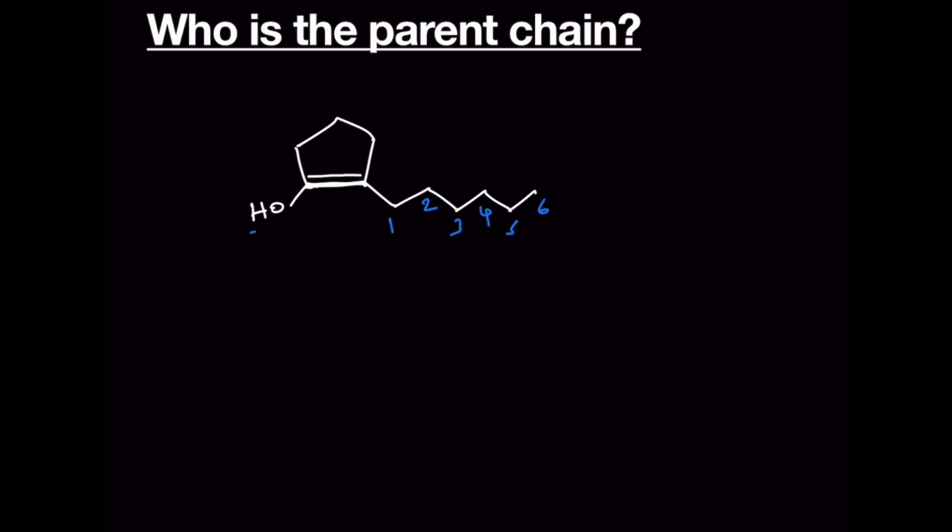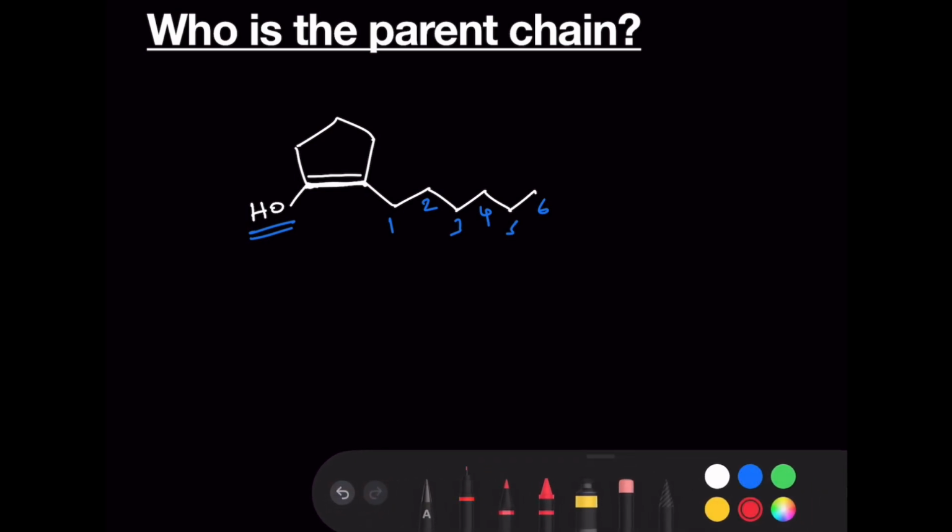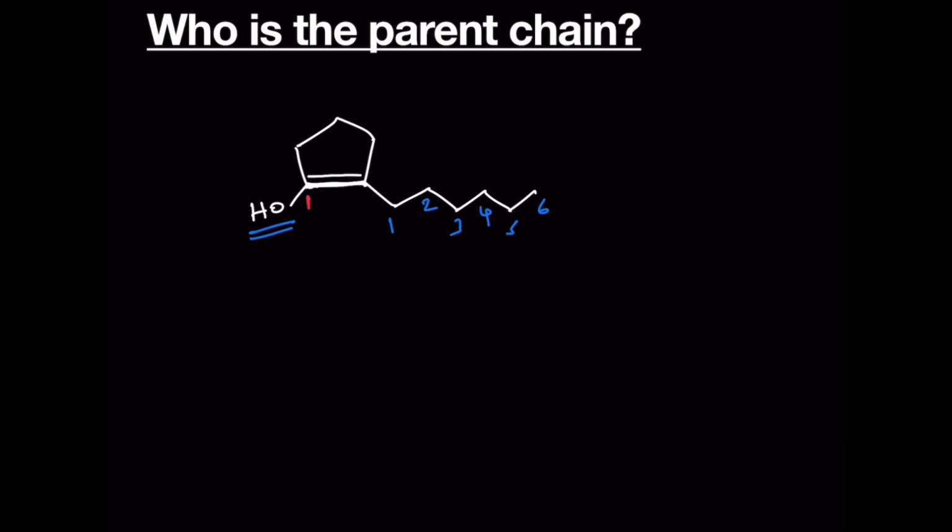We have an alcohol, that is our functional group. Therefore, the numbering has to start from there, 1, 2, 3, 4, 5. Here we are making an exception to what I said earlier. When you have a functional group, then things change.